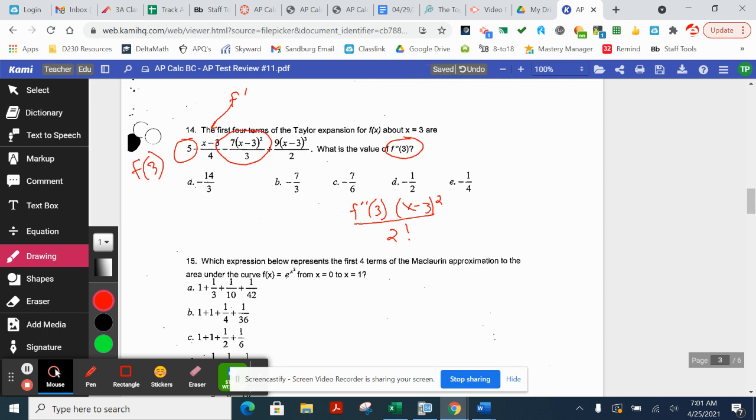So again, second derivative, second power, second factorial. Well, when we look at the term that we are given right here, here's our x minus 3 squared, here's an x minus 3 squared. What had to be true is that this combination of the second derivative divided by 2 factorial had to equal the negative 7 over 3. So f double prime of 3 over 2 factorial equals negative 7/3.